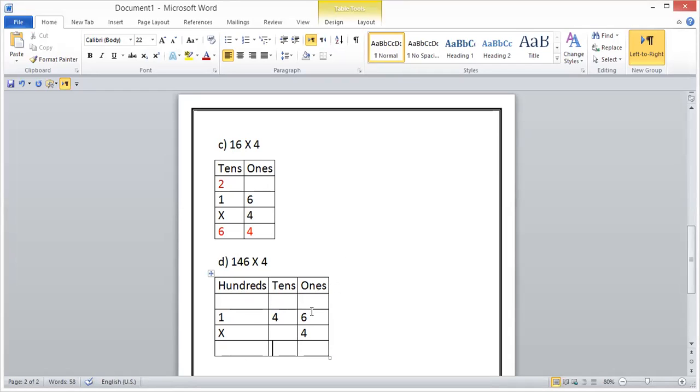First, you will multiply 4 by 6. Right here, give the carry to here, then 4 by 4. Add the carry right here, then 4 by 1. And write the answer. 146 multiplied by 4. I will take one student.